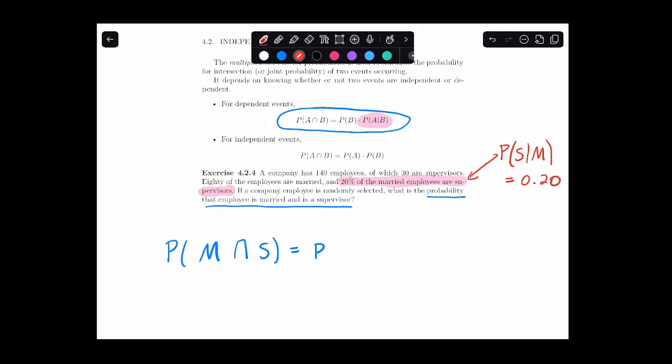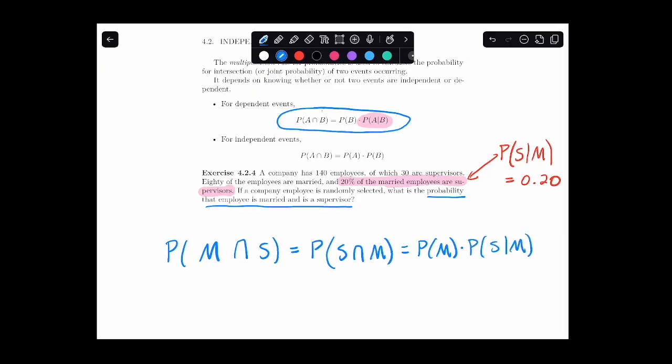So since that's what we're given, I'm going to rearrange our intersection just to copy the formula a little bit better. Remember that I can switch the order of my events when I'm taking an intersection. And now if I write this formula this way, I would have that this is the probability of M times the probability of S given M.